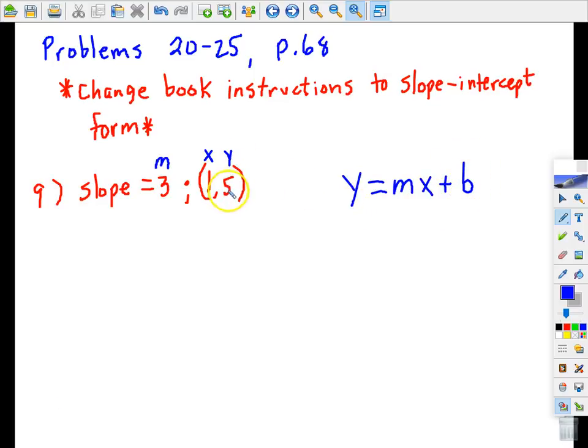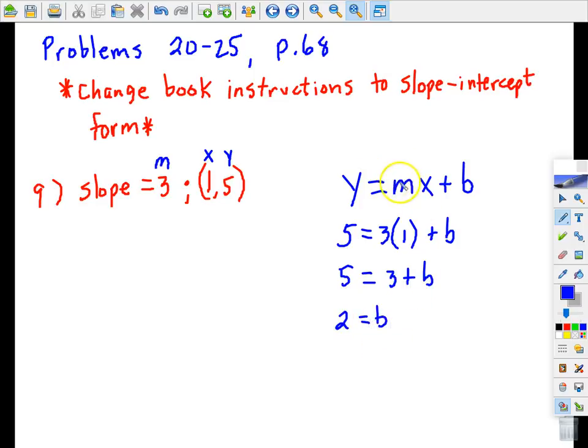Okay, so let's just substitute. Y is 5. The slope, m, is 3. The x-coordinate of the ordered pair is 1. And this is going to be pretty simple. Solving for b, I'm going to subtract 3 from both sides, and I have b.